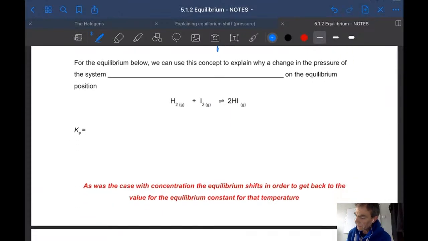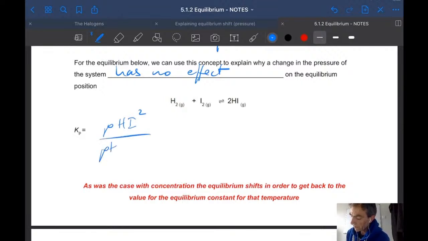We'll just deal with this one. For the equilibrium below, we can use this concept to explain why a change in pressure of the system has no effect on the equilibrium position. So Kp for this one is the partial pressure of HI squared over the partial pressure of H2 times the partial pressure of I2.